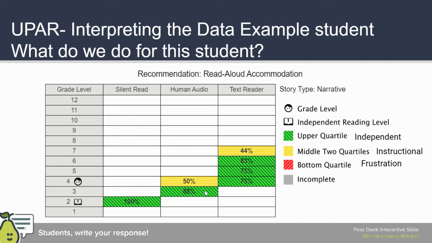Now they're comprehending with a human audio reader at a 3rd grade level. And as we jump up with this text reader, the upper quartile over here, 83% in 6th grade with a text reader. So that shows us that this student would highly benefit from a text reader.